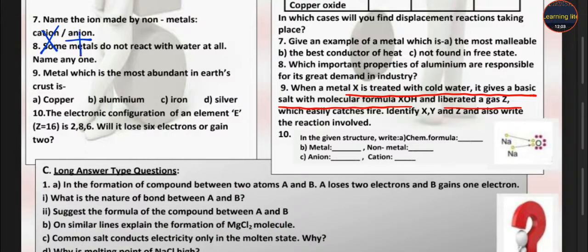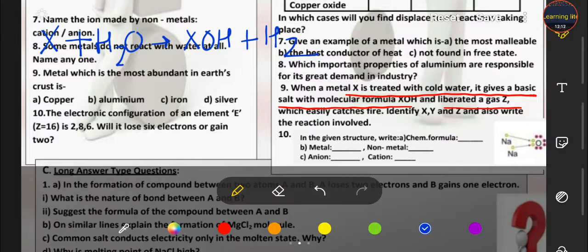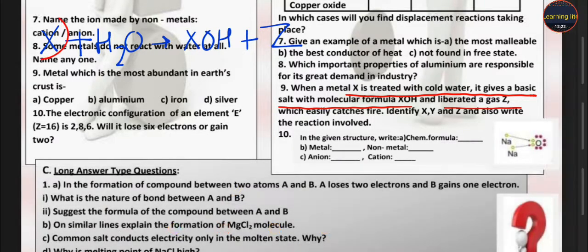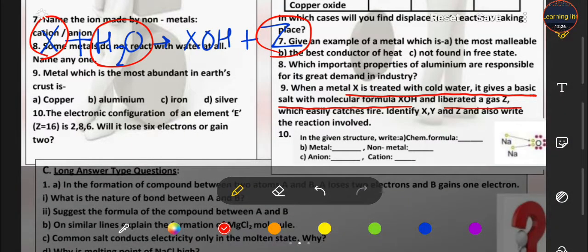X treated with cold water gives XOH and liberates hydrogen gas. The gas liberated is Z. We have to check what is X, what is Z, and that is our Y.